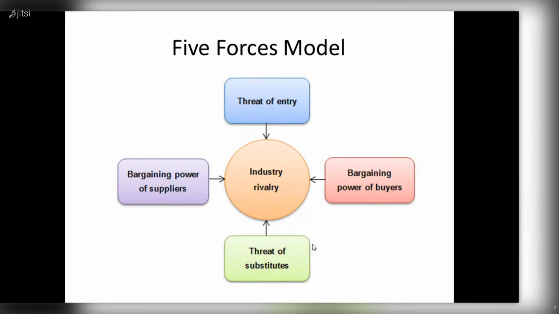So these are the five important forces that we have discussed, which affect an industry.